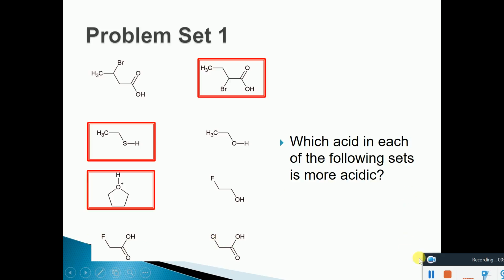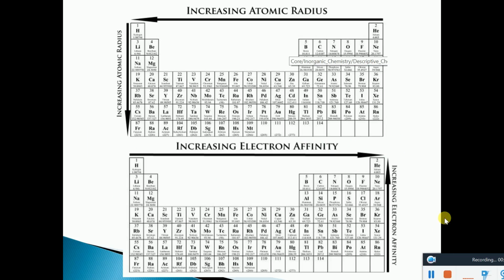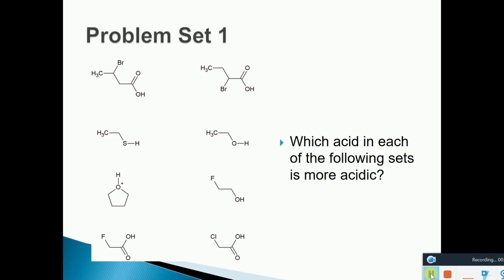And so let's go back to the periodic table, and we can see here that fluorine is more electronegative than chlorine. So what does that mean? Well, let's go back. Since fluorine is more electronegative, it's going to be able to take more of that charge.